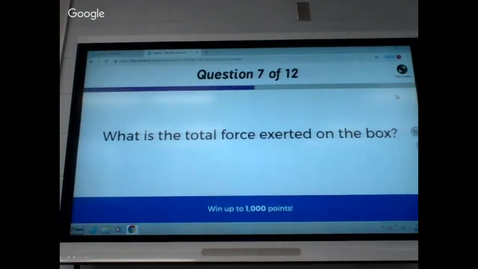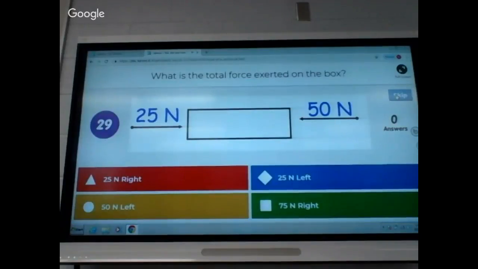Got a picture coming up. And I hope I corrected this one, because this one used to be wrong. I hope I fixed it.